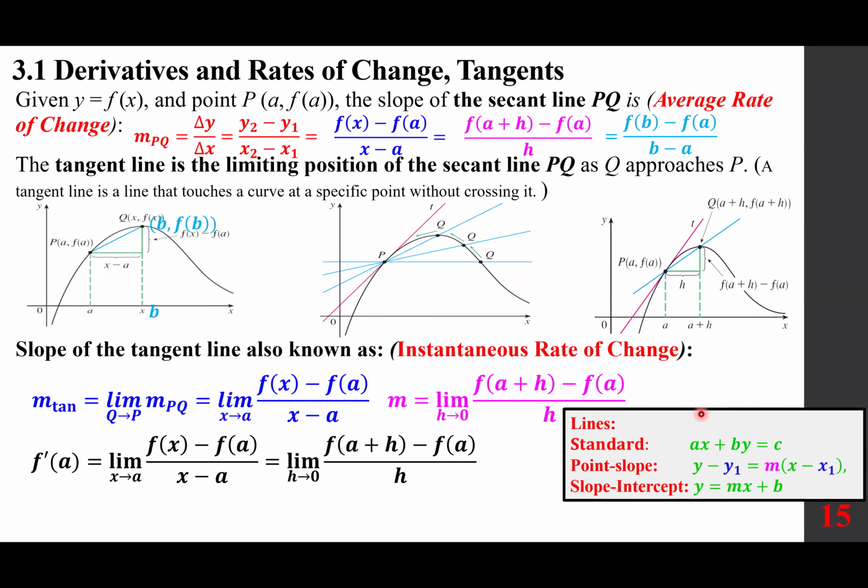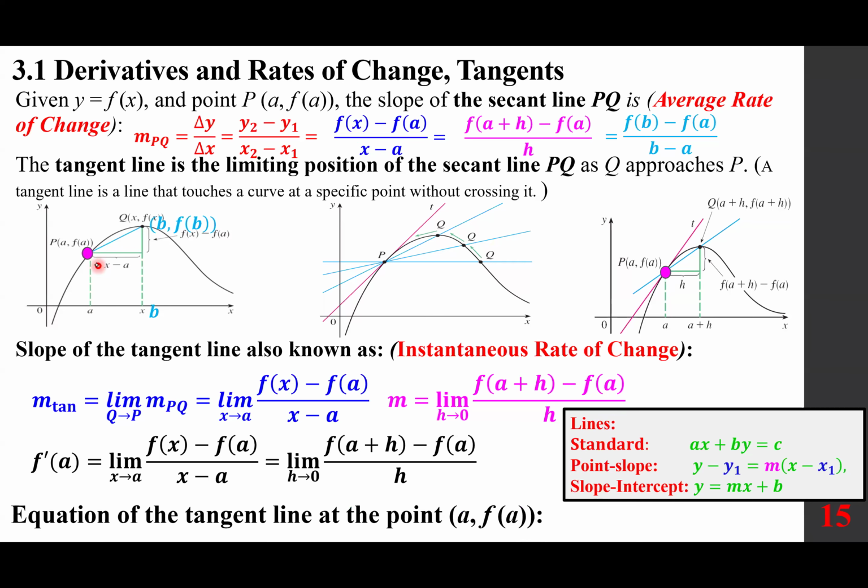These are equations of lines. Standard form: Ax plus By equals C. Point slope: y minus y1 equals m times x minus x1. Slope intercept form: y equals mx plus b. To come up with the equation of a tangent line at this point, we are going to go with the point slope form.